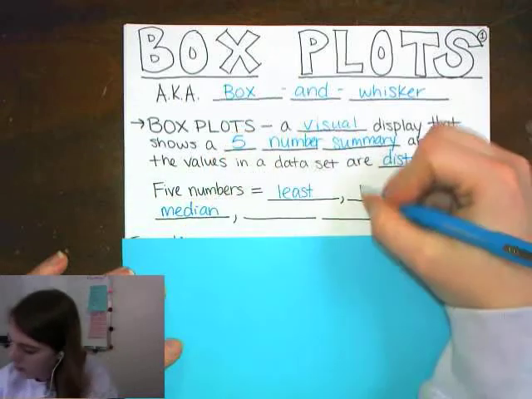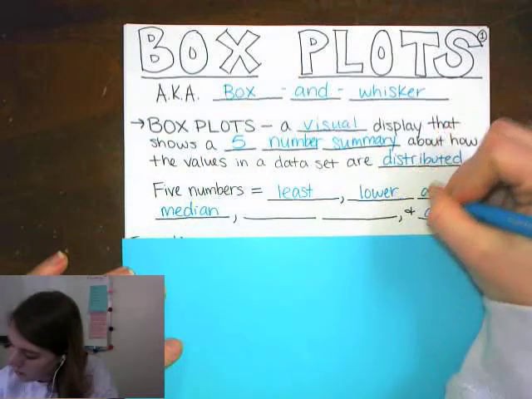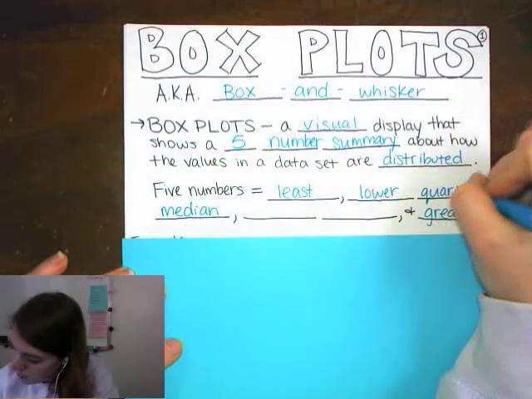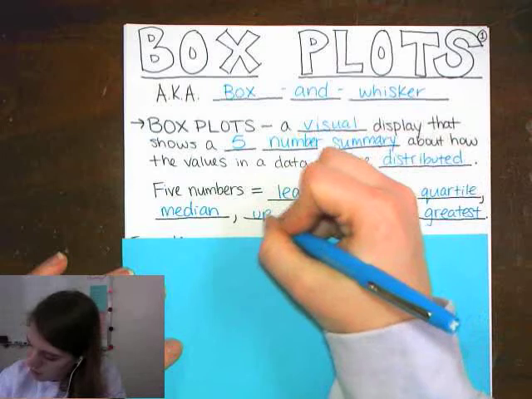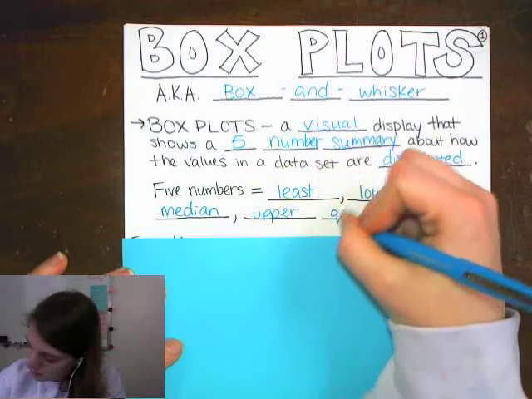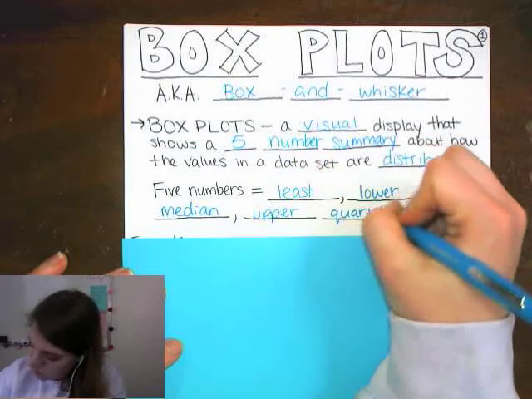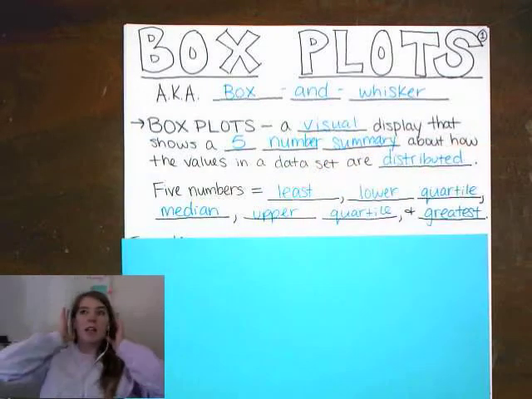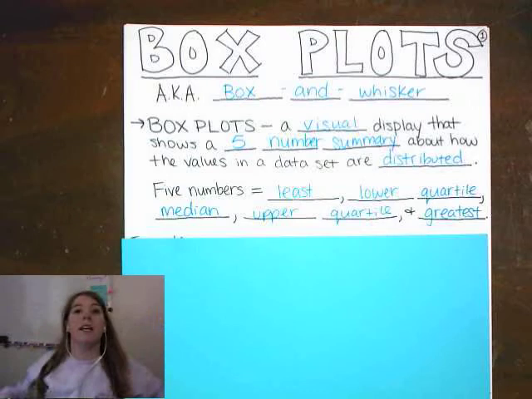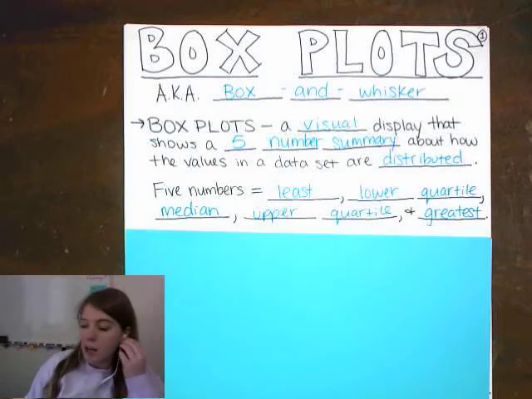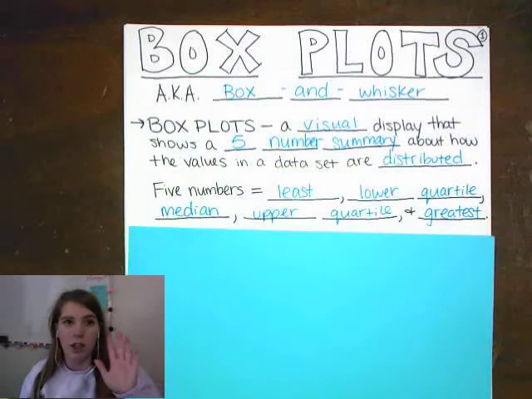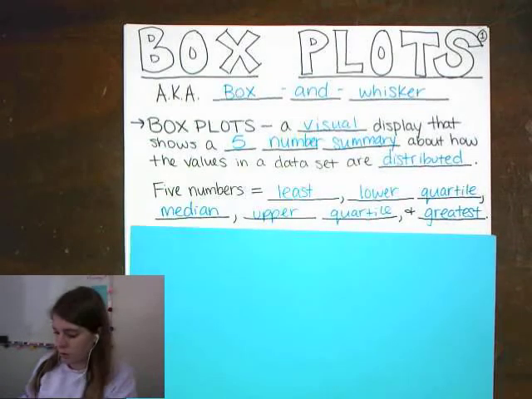And then we're going to have the lower quartile and the upper quartile. Whereas with a dot plot or a line plot, we needed all the values in our data set, a box plot is only going to use those 5 values.